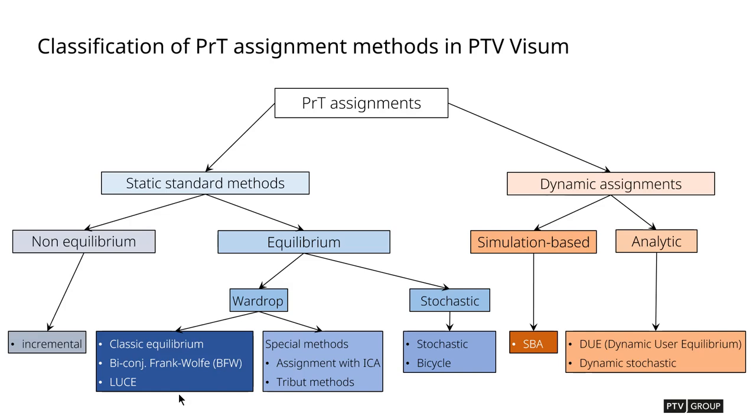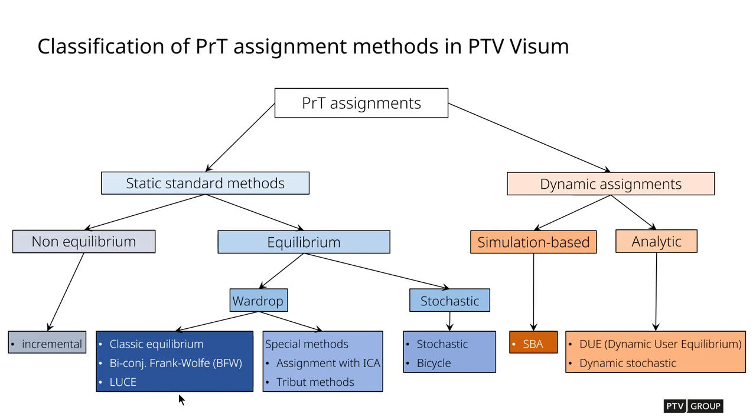So they can be differentiated into static assignments and dynamic assignments. Dynamic assignments add the dimension of time, whereas in static assignments, it is assumed that all trips start and finish within the assignment period. This is a simplification that in some applications is useful and also appropriate.